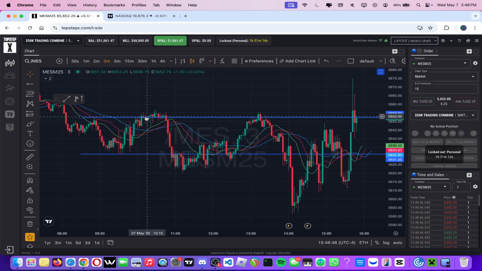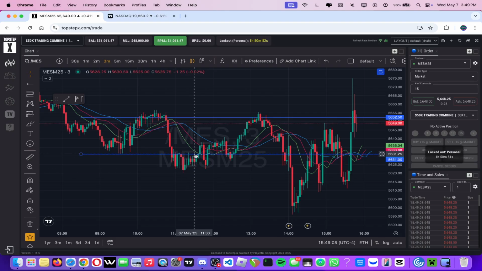You could have gotten in at this level, or instead wait until it comes under this red line from the alligator indicator. You can add it right here, and then you would take it from here all the way to the low and see if we can break out, retrace, and then keep going down.